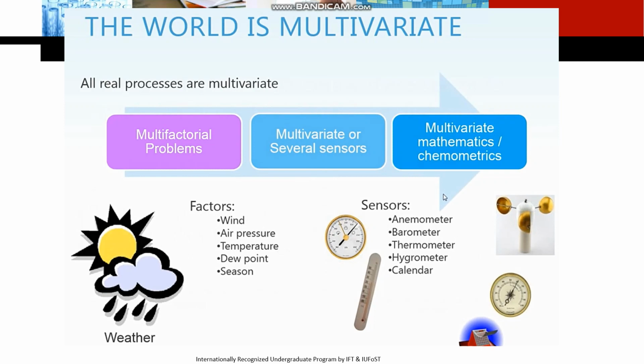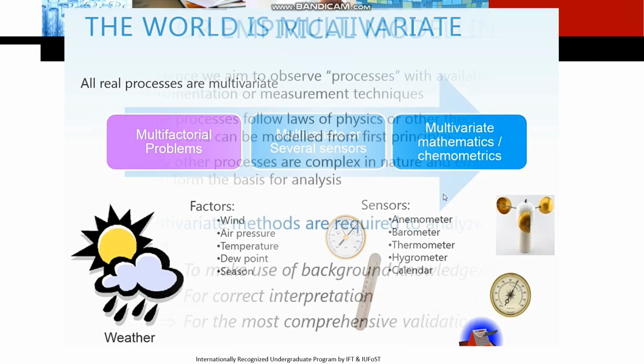So in all these situations, not only the weather but also real situations, it is actually multivariate. It's not only a single factor that really influences, but other factors also contribute to the situation.